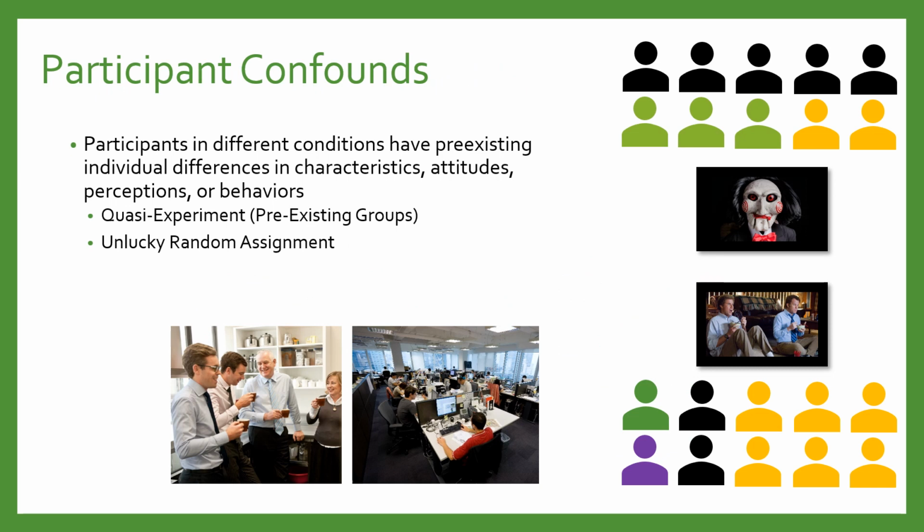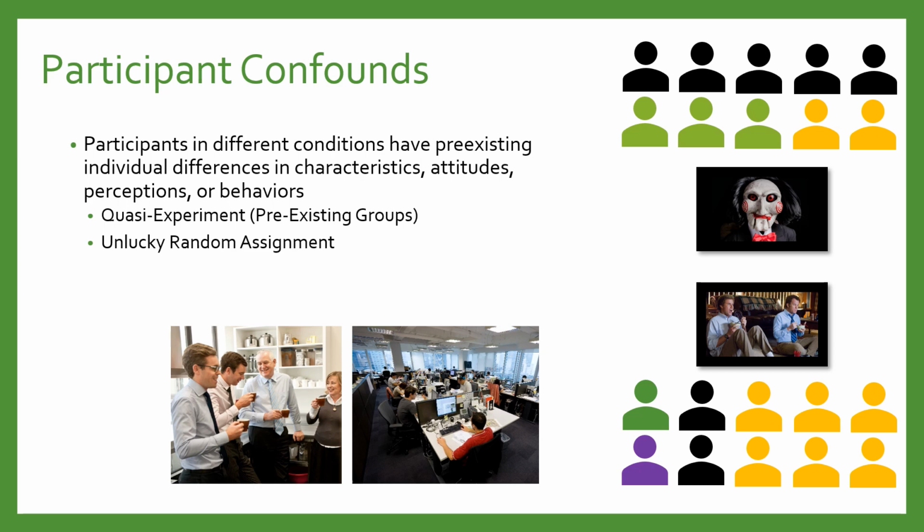So participant confounds are more relevant to experimental and quasi-experimental research studies, but especially to quasi-experiments, because remember, one of the types of quasi-experiments is relying on pre-existing groups. And chances are, if those groups are already within a department or a class or an organization or some other group that already exists, they're probably going to be somewhat different than other groups of people, right?